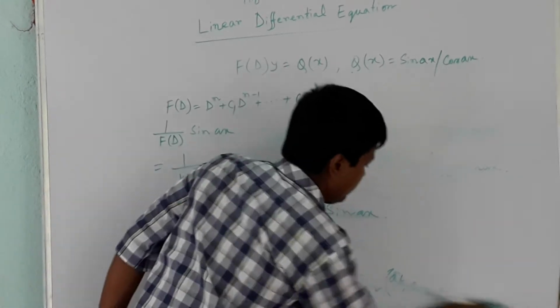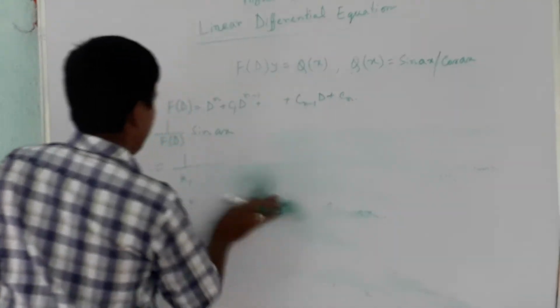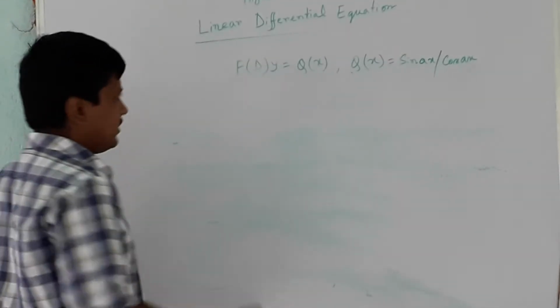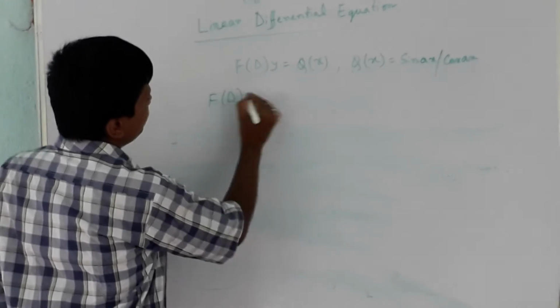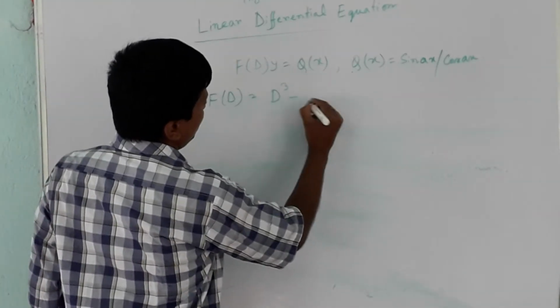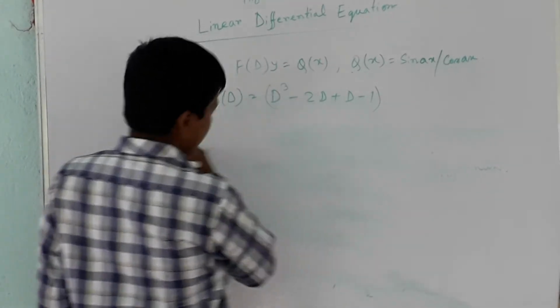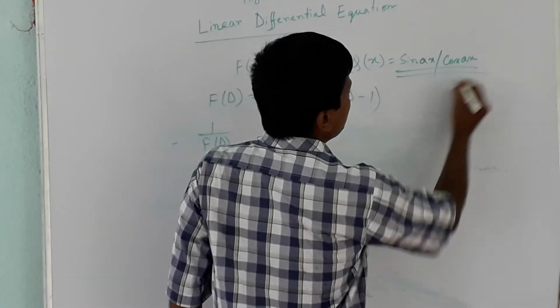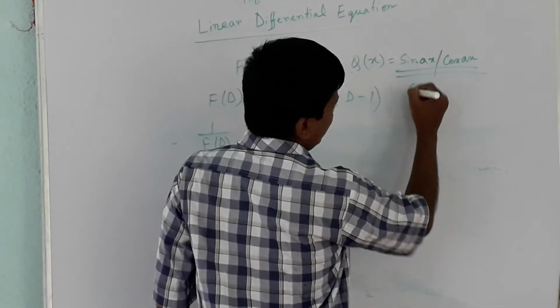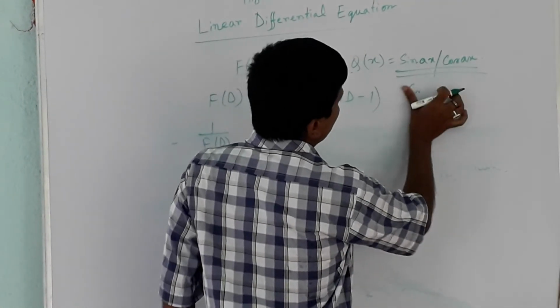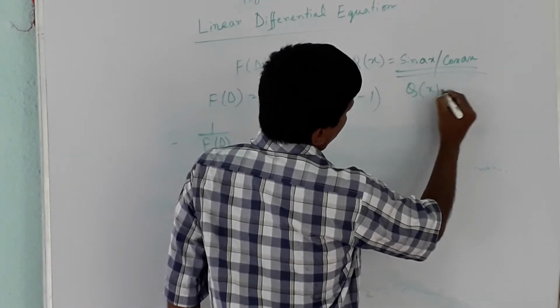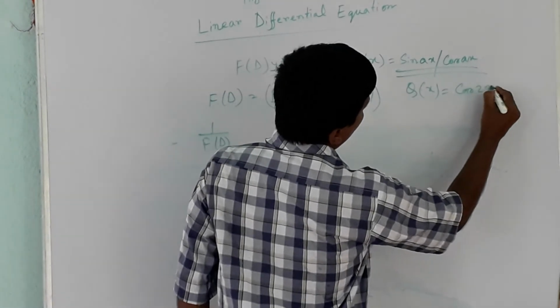Now for a particular case, suppose f(D) is equal to D cube minus 2D square plus D minus 1. Then we get 1 by f(D) of, instead of sin x, suppose we put Q(x) equal to cos of 2x.